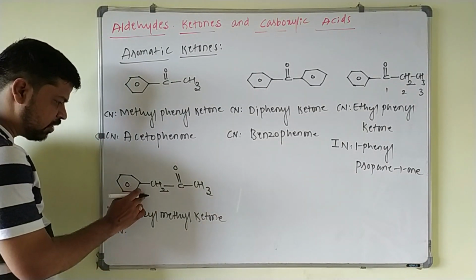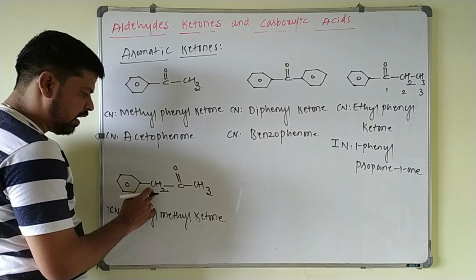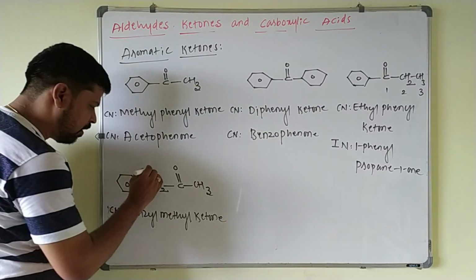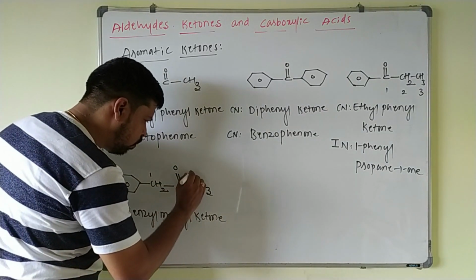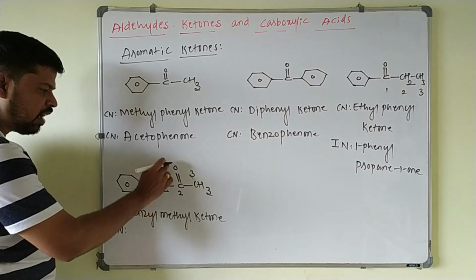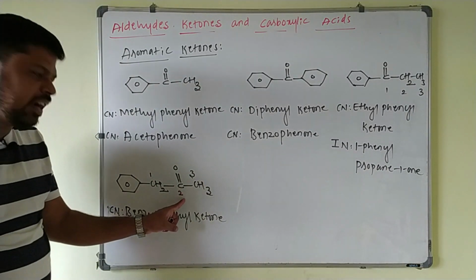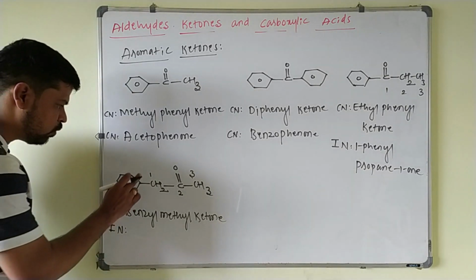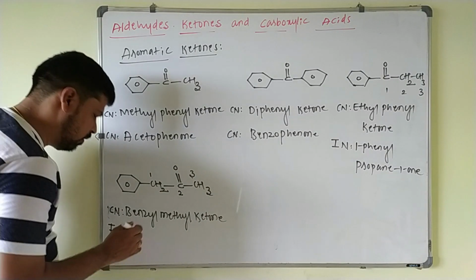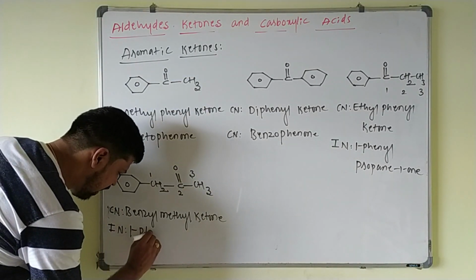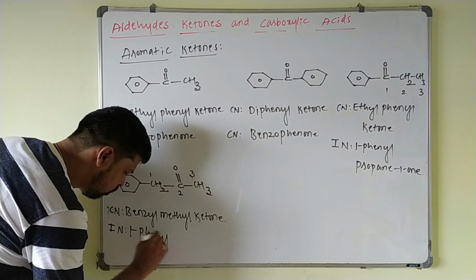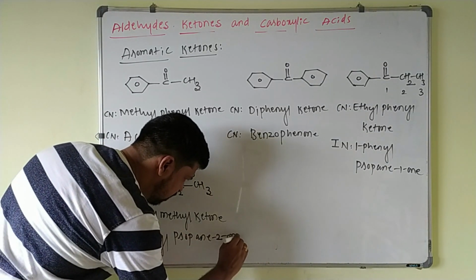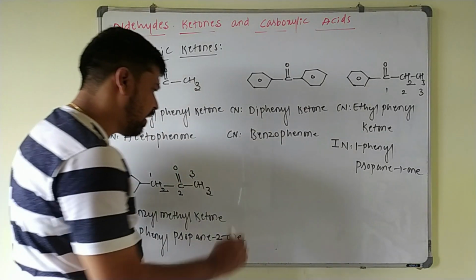A substituent is present on this carbon atom, and you can number from either end, but since a substituent is present you have to number from this end: 1, 2, 3. If you number from the other end, the carbonyl group will again come at the second position. We number from this end because the substituent is present here. So this is 1-phenylpropane-2-one.